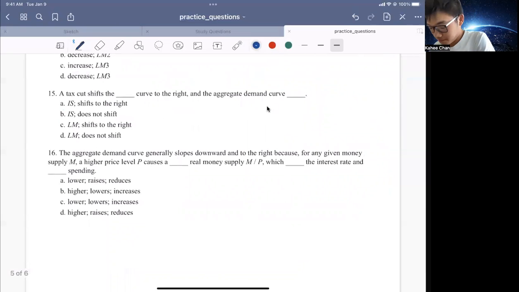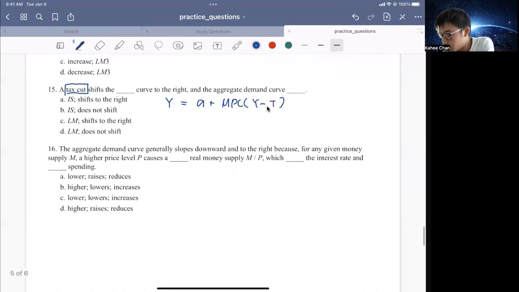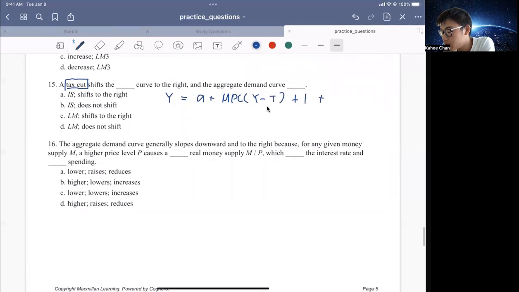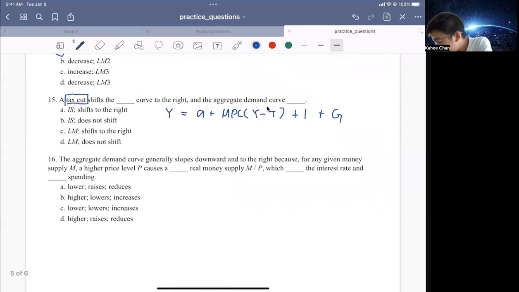15. Okay, we have a question about tax cuts. So when we are recalling tax cut, we have to expand the consumption function plus I plus G. The tax cut means that consumption is increasing because Y minus T is increasing when T is decreasing.